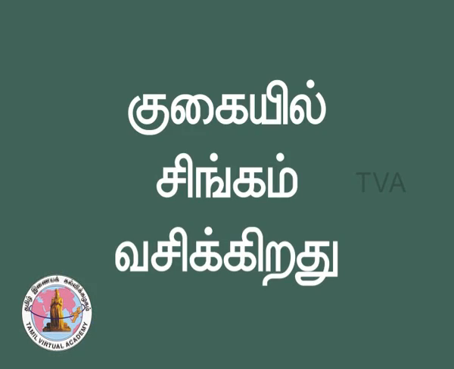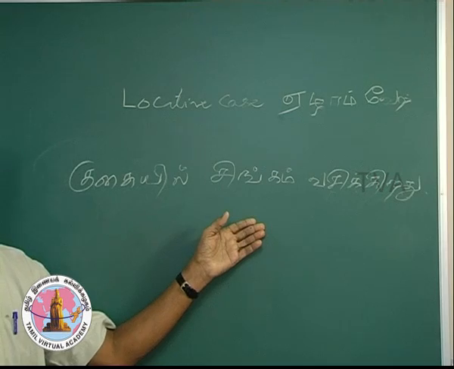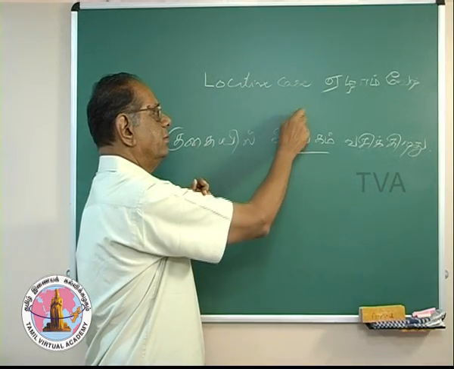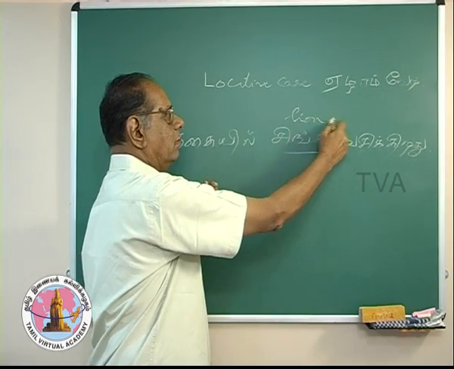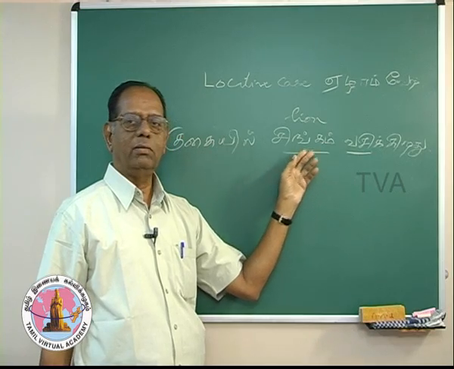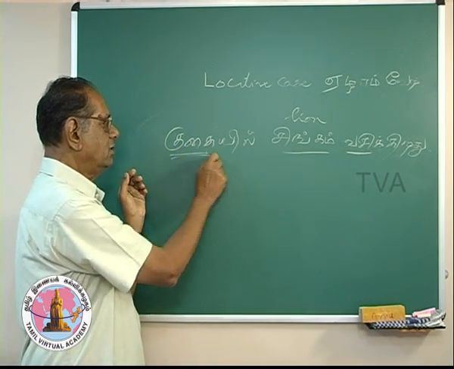குகையில் சிங்கம் வசிக்கிறது. சிங்கம், a lion. வசி, to reside. சிங்கம் வசிக்கிறது. Where? குகையில். குகை is a den.